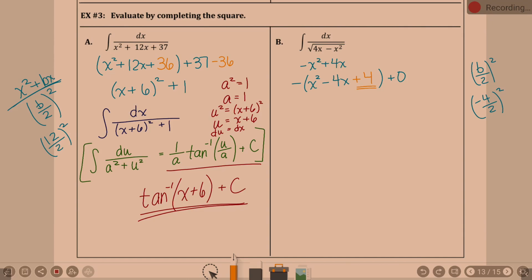Now, to keep it consistent, officially, if you add 4 here, we are subtracting 4 here, yes? Now, there's one slight catch. If you had anything you had to factor out, keep in mind this 4. Is this 4 really just a 4? It's multiplied by negative, so it's really a negative 4.